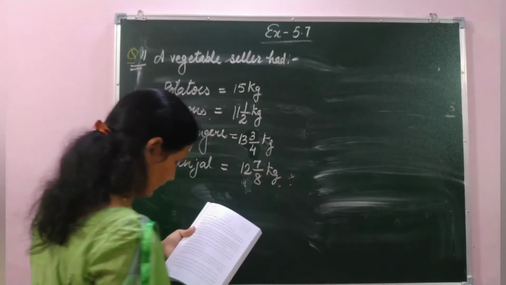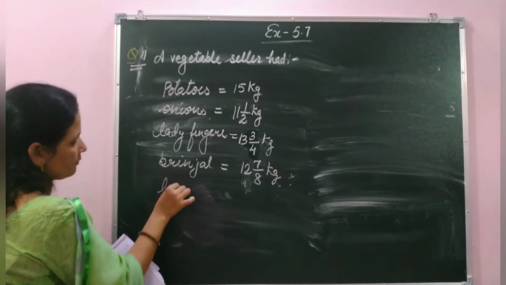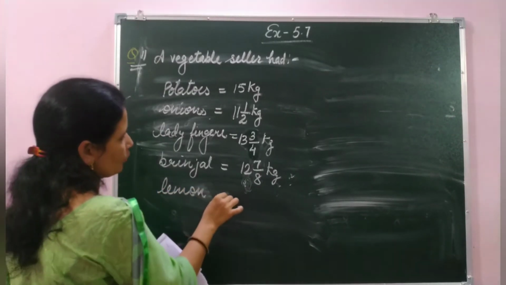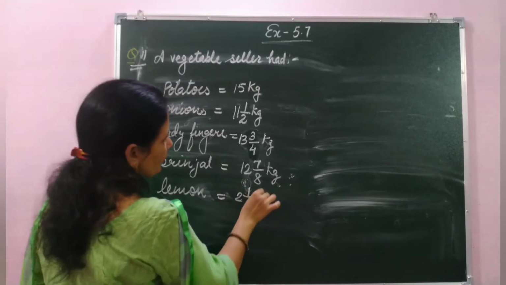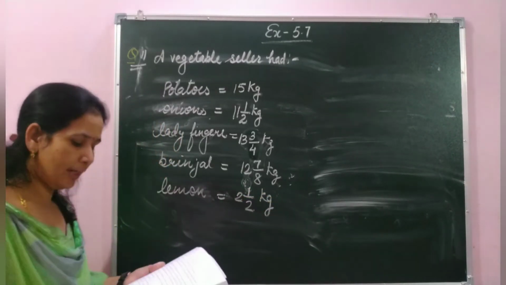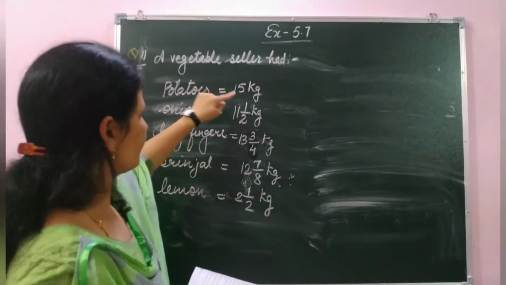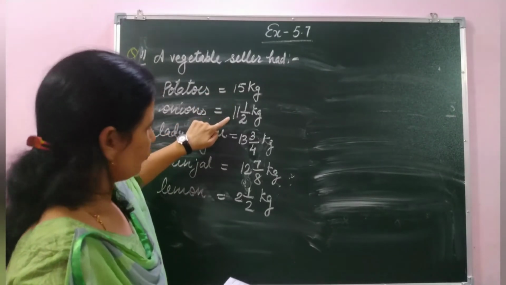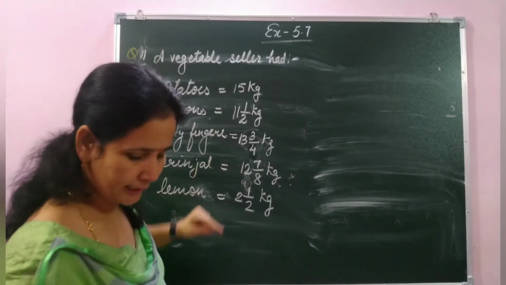And lemon, lemon is 2 1/2 kg. And we have to find out the total weight. Let me check first: 15 kg, 11 1/2, 13 3/4, 12 7/8, and 2 1/2.